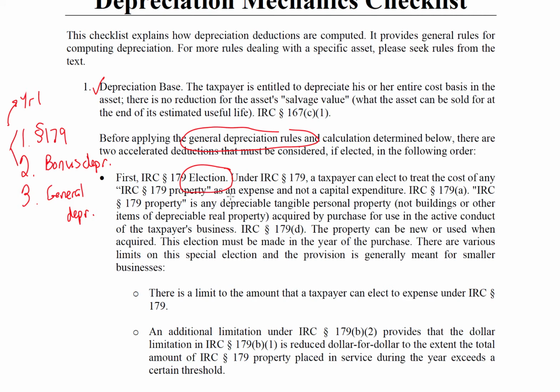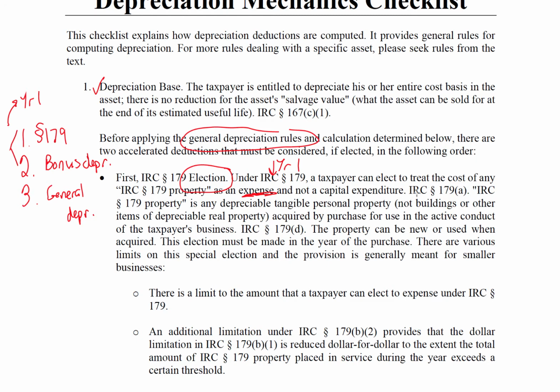And it's an election to expense in the first year, year one. You can take that election, but it will reduce the amounts that you can take with respect to bonus depreciation, if that's applicable, as well as general depreciation. So after each of these three things, your basis is reduced by whatever you take.